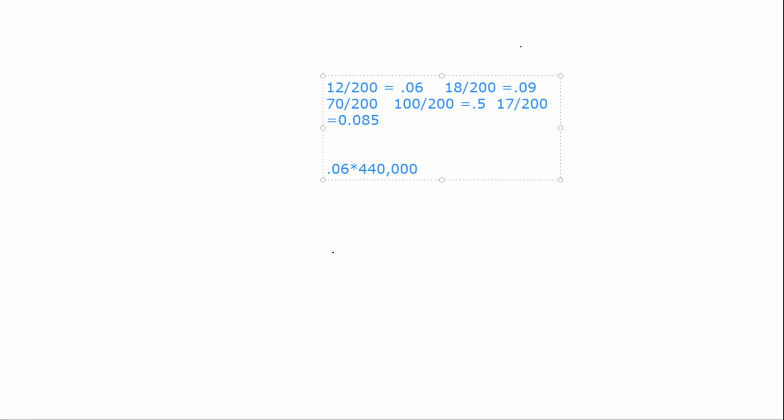I'm not gonna calculate just yet. I'm just gonna put the formulas up there. Okay, so 18 over 200 gives us 0.09 times the 440. Is it 70 over 200 or 17? 70.